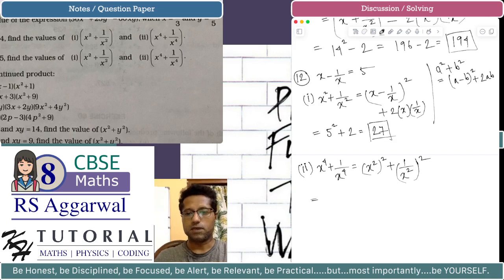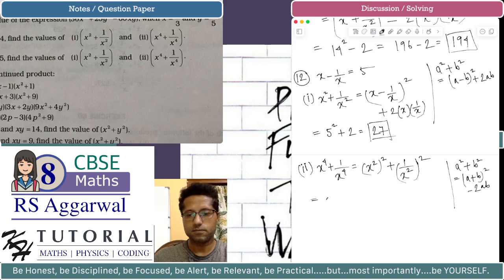We will use the fact that a square plus b square is equal to a plus b whole square minus twice ab.